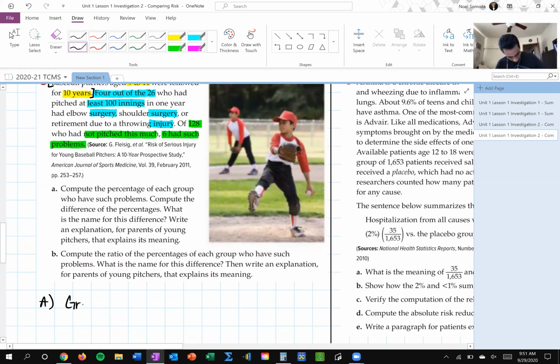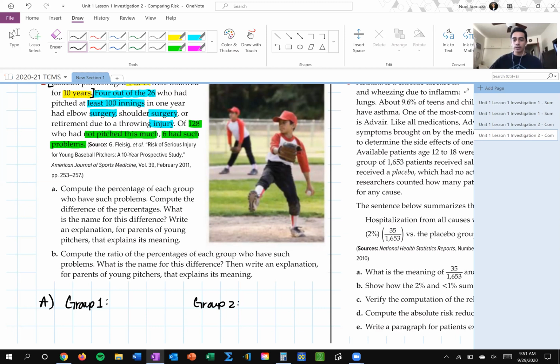What would I call group 1 in this scenario? I could, but injury or no injury is kind of a response, isn't it?